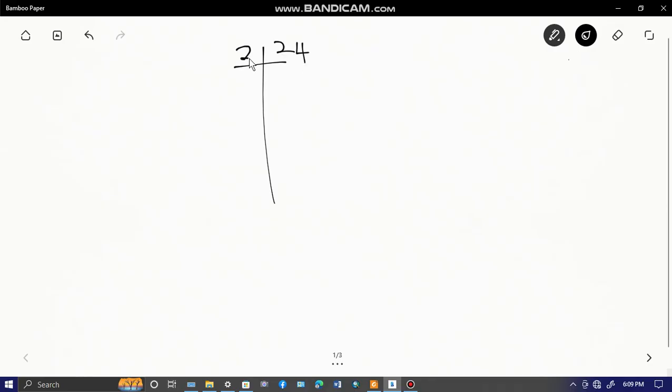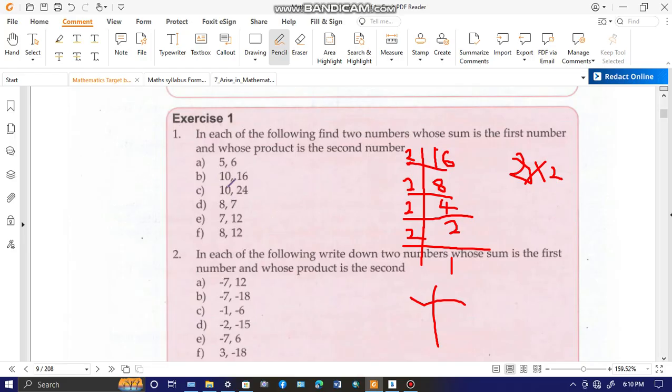The first common factor is 2. 2 into 24 will give you 12. 2 into 12 will give you 6. 2 into 6 will give you 3. And here 3 into 3 will give you 1. Now, from these numbers here, we have to find two numbers that multiply to give us 24, but when we add, they should give us 10.